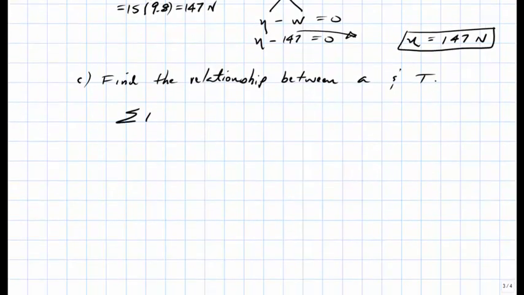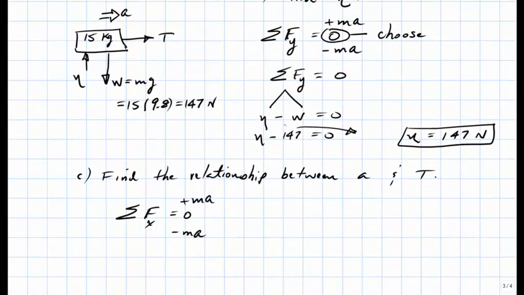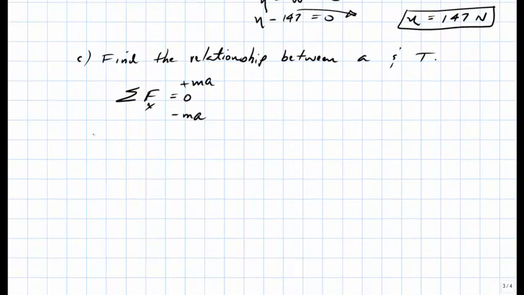And so we will apply the second law as the sum of the forces in the x, and we have that choice to make: 0, ma, or minus ma. Our diagram guides us to choose positive ma because the acceleration is directed along the positive x-axis. So ma is our choice.